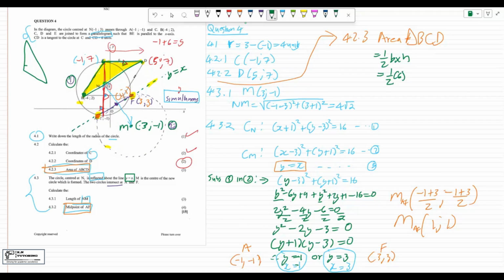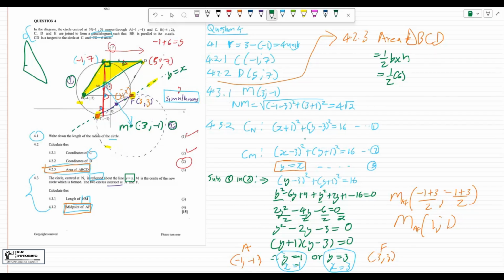And then perpendicular height, I just want to check. There's that 5 units that your perpendicular height will be.